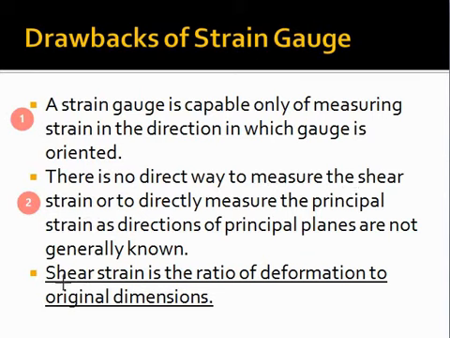What is shear strain? Shear strain is the ratio of deformation to the original dimensions. So in the normal strain gauge, there is no direct way to measure the shear strain or to directly measure the principal strain, as directions of principal planes are not generally known.